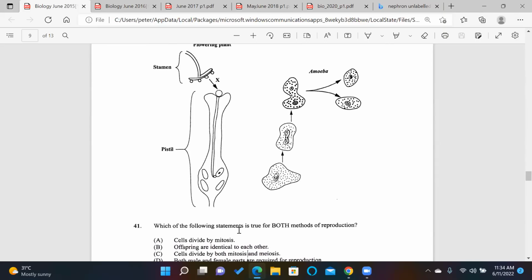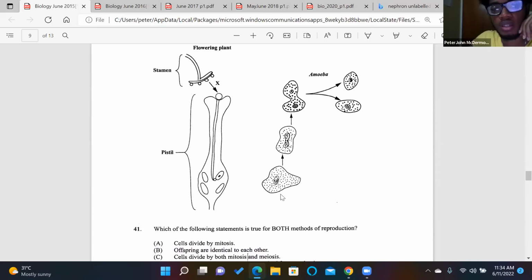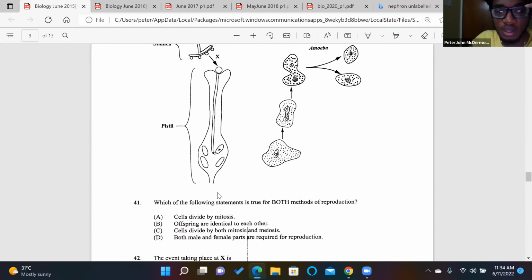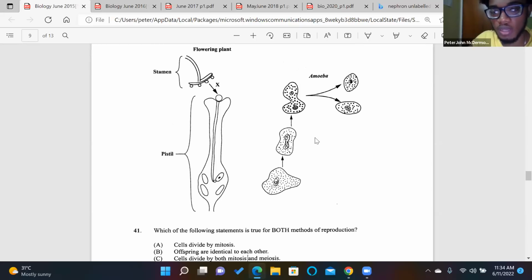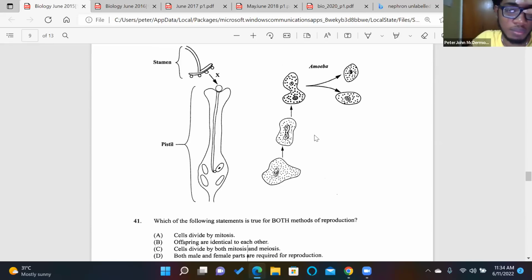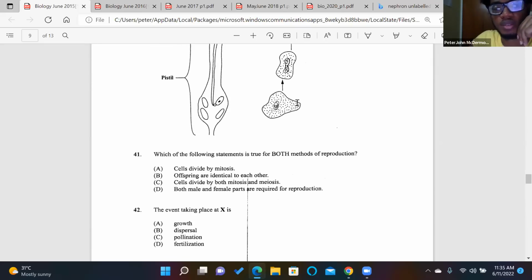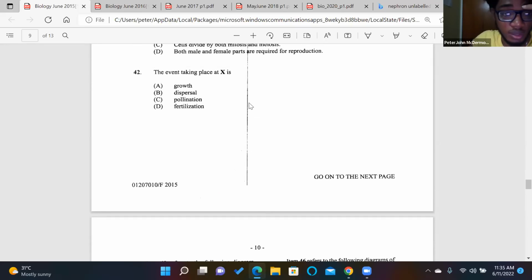The amoeba. I would say the flowering plant, because you have to get your gametes. So I'd say the flowering plant has mitosis and meiosis. For the amoeba, I'd say mitosis, because I don't think amoebas show much differentiation, or maybe they do. So maybe it's mitosis and meiosis. But let's continue.